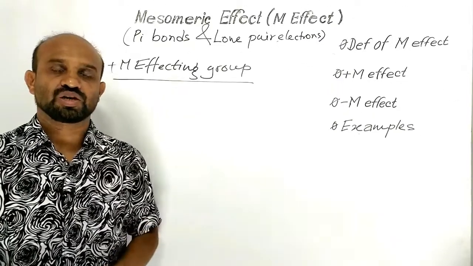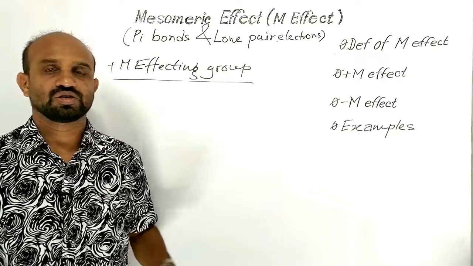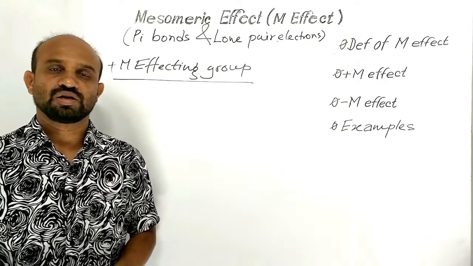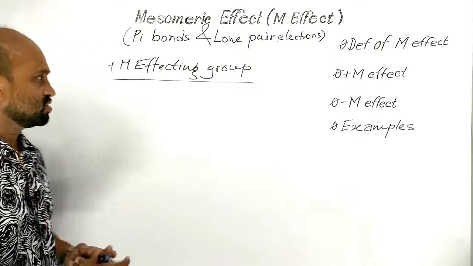Positive mesomeric effecting groups are the groups that are electron donating groups.